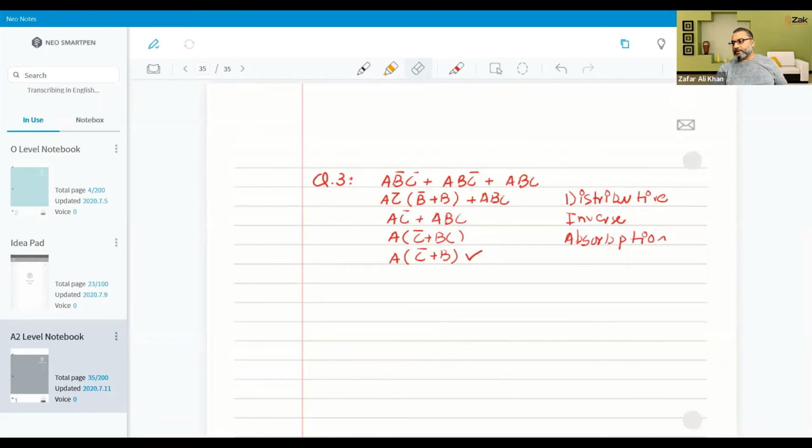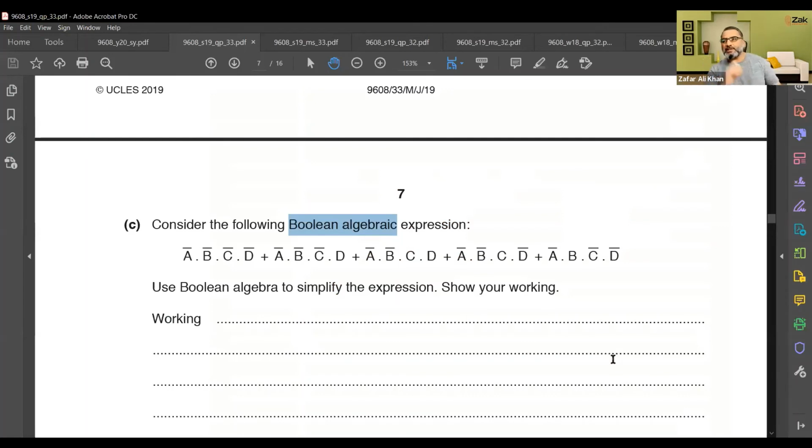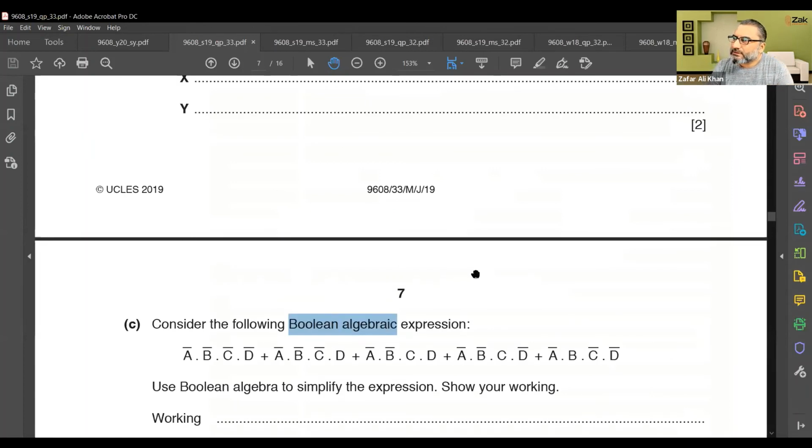अच्छा जी, अब हम आ जाते हैं एक और क्वेश्चन की तरफ, और थोड़ा सा बड़ा क्वेश्चन ले लेते हैं. ये वाला देखिए, ये थोड़ा सा लेंथी क्वेश्चन है. This is MJ19 P33 question 3C, I believe this is 3.